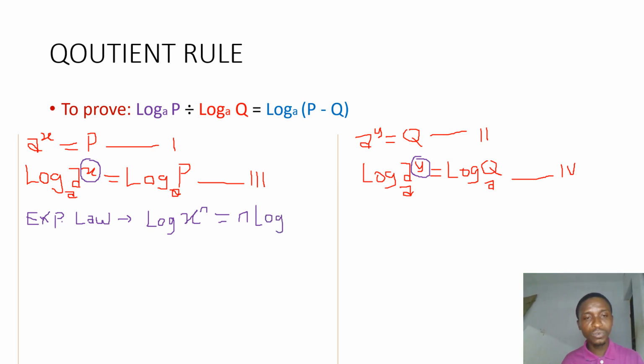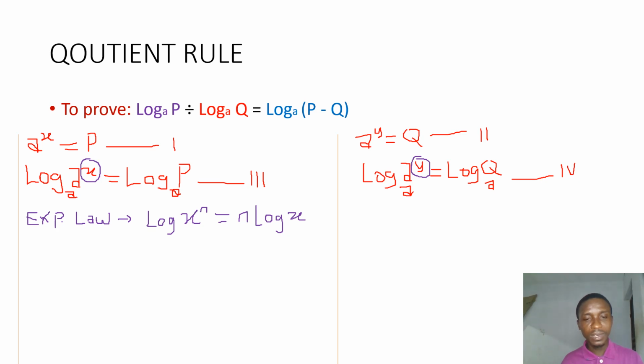So this will make our powers, which are x and y, in equation 3 and 4 respectively, come down. Then we can make them the subject of the formula.